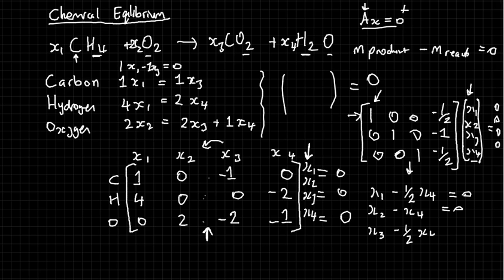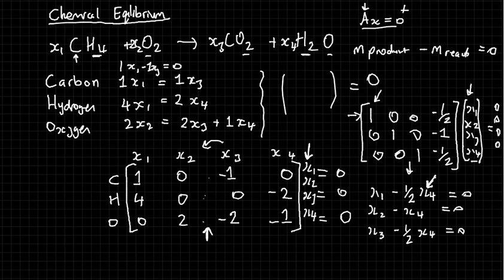We've got x2 minus x4 is equal to 0. We've got x3 minus a half x4 is equal to 0.